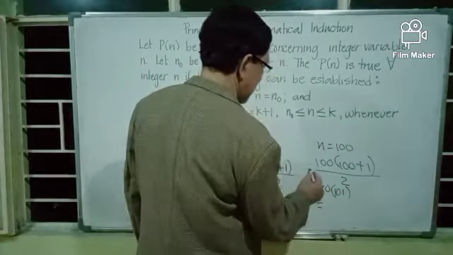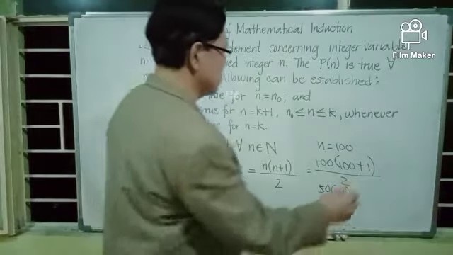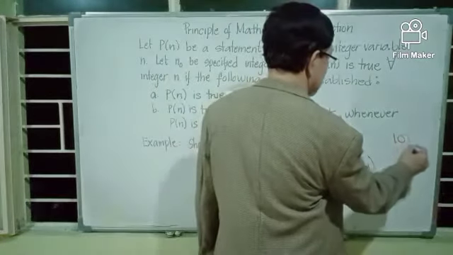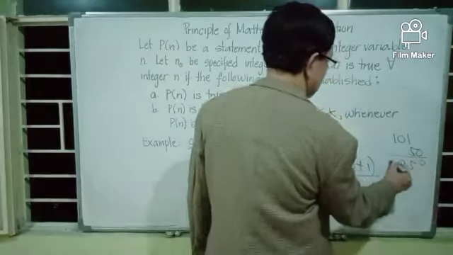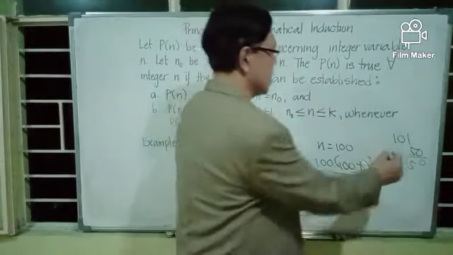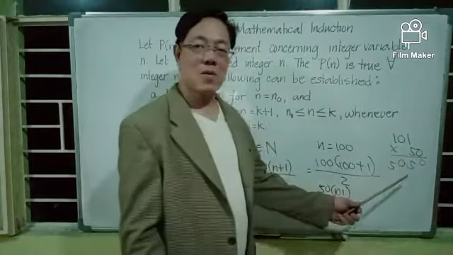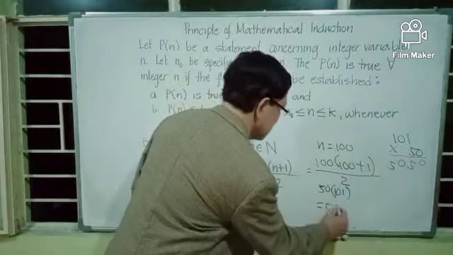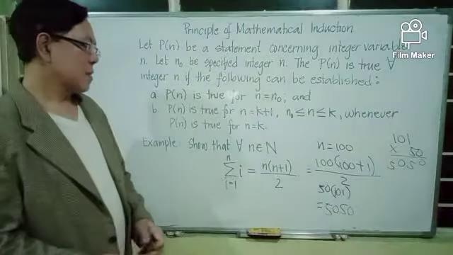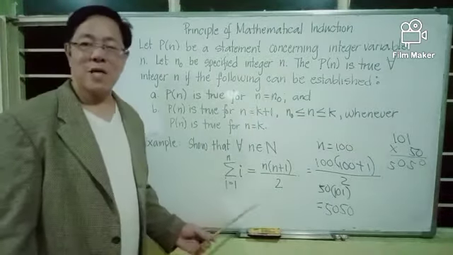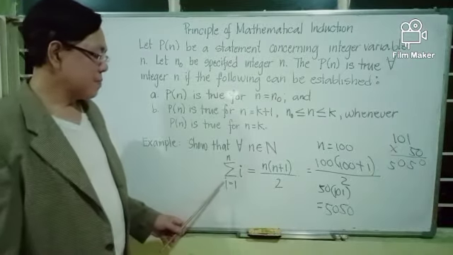And we multiply 101 by 50. One hundred one multiplied by 50 is 5,050. So this is like a formula for getting the sum of the first n integers.